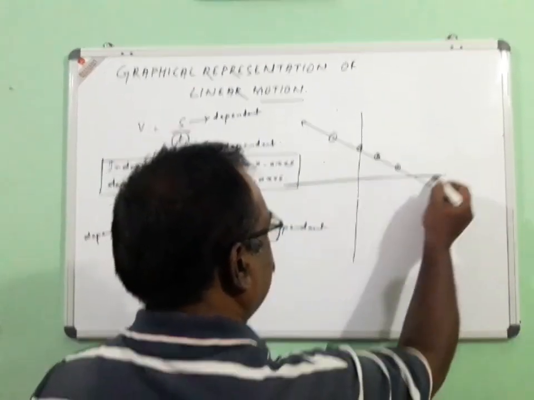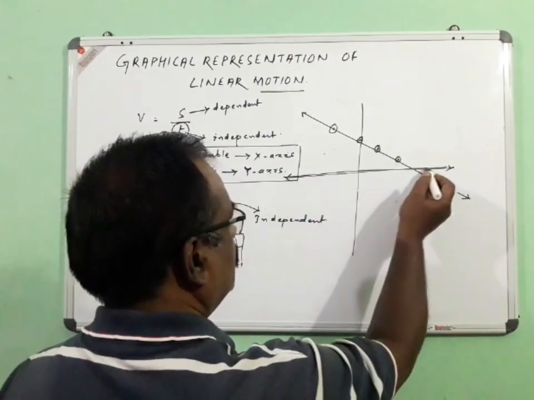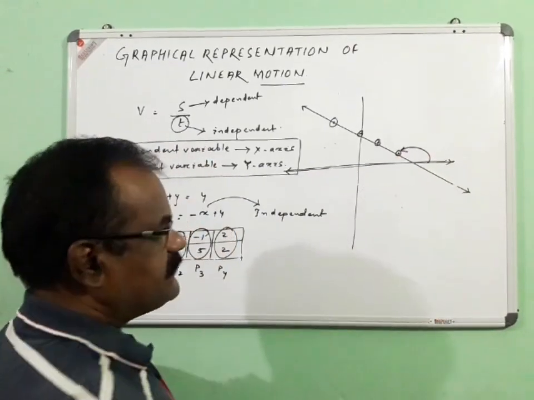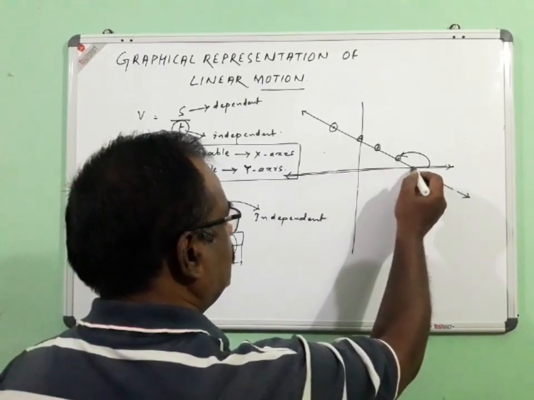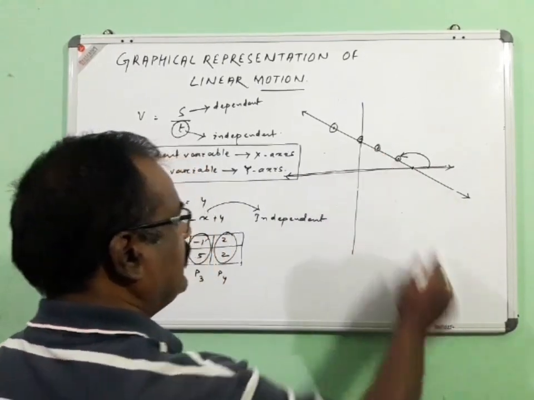certain angle with respect to the x-axis, and at the same time it is intersecting the x-axis at one point and the y-axis at another point.